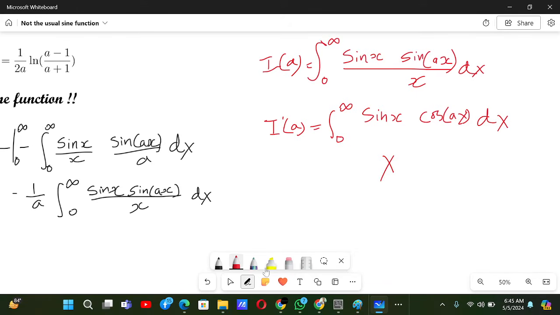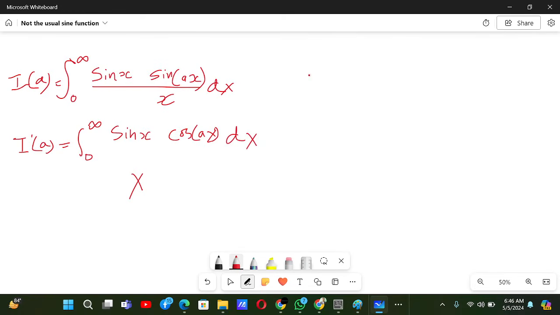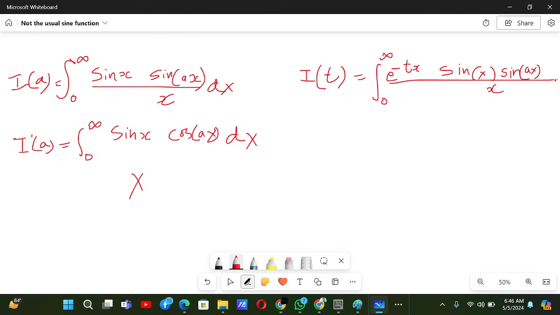So a successful approach can be something like this. We can define I of t as the integral from 0 to infinity of e to the power minus tx, sine x, sine of ax by x dx. Now we can differentiate with respect to t.